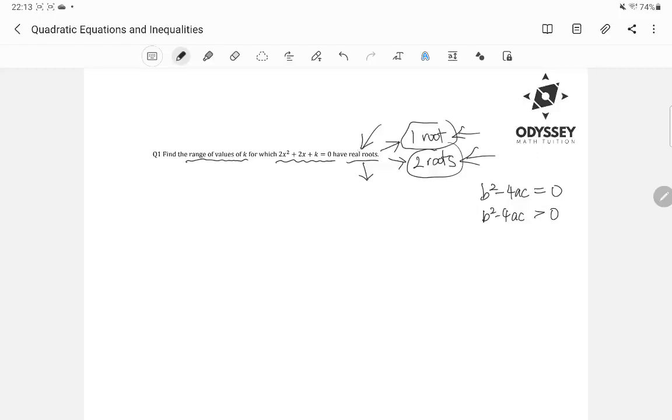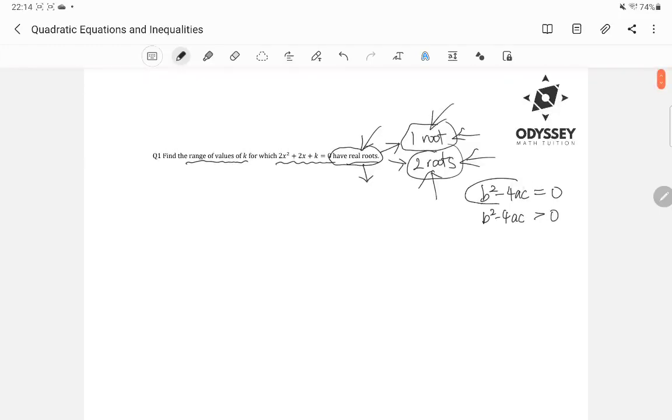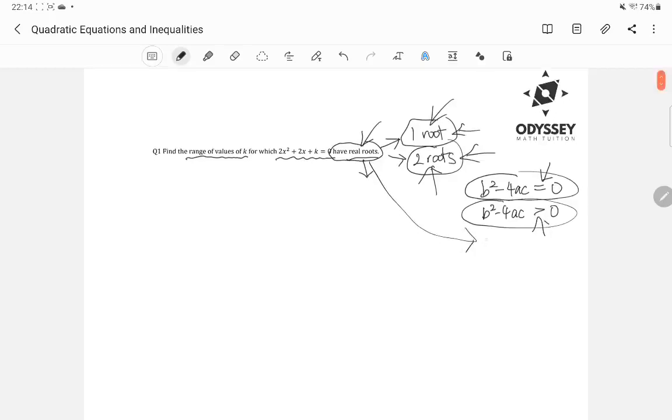So to have real roots, either one root or two roots, we combine these two together. The combination of these two is b squared minus 4ac must be more than or equal to 0. So this is the condition we will be looking at in order to have real roots.